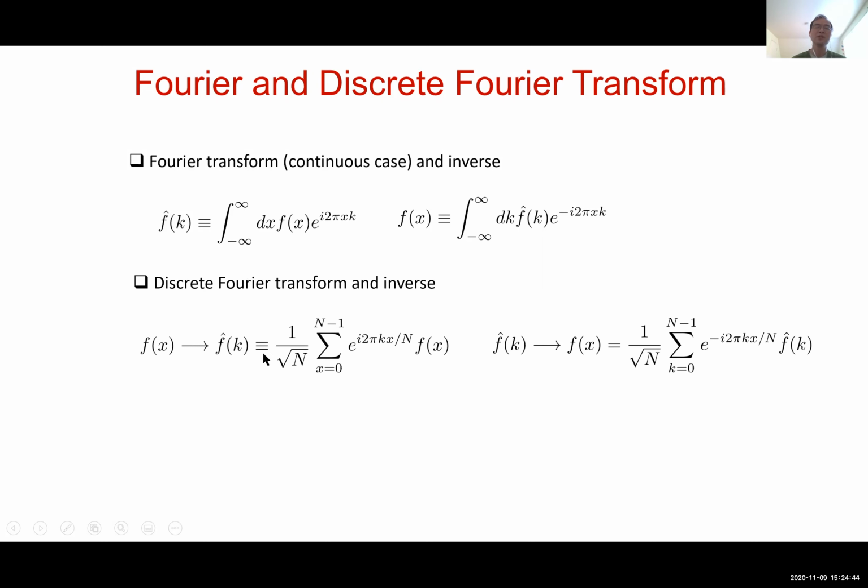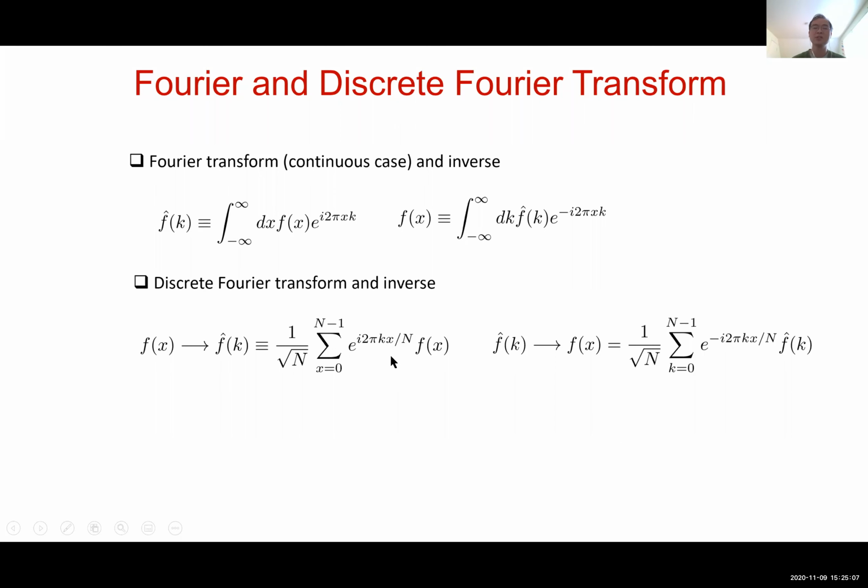For the discrete case, if we only have n points, we can do a discrete Fourier transform. Instead of integration, this will be a sum, and the exponential will be e to the i 2 pi k times x over n.